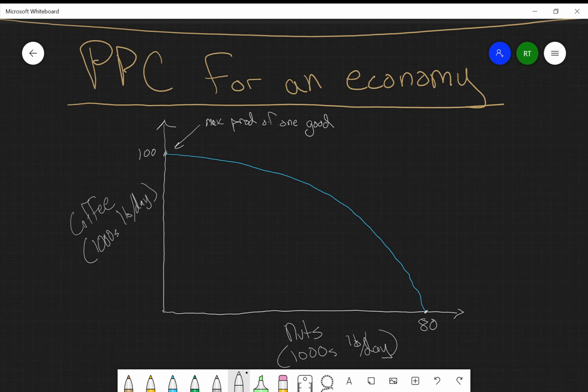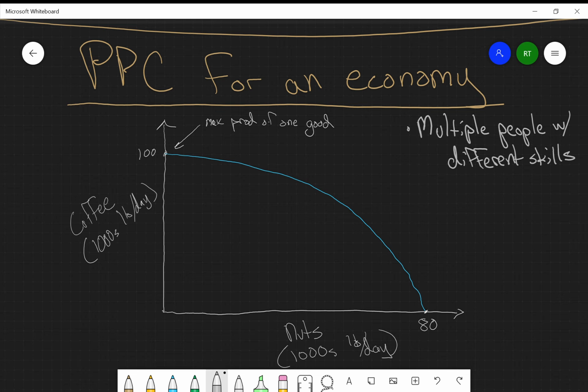But what ends up happening is that when we talk about an economy, we end up having a lot of different people with different skills. So some people may be better suited to gathering nuts and cracking the nuts open.